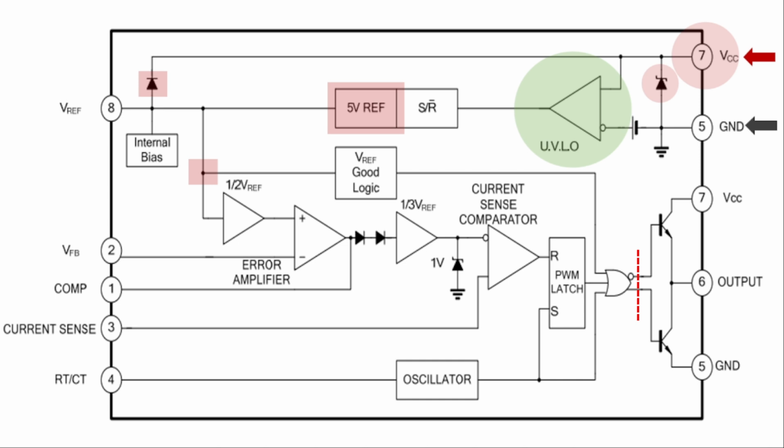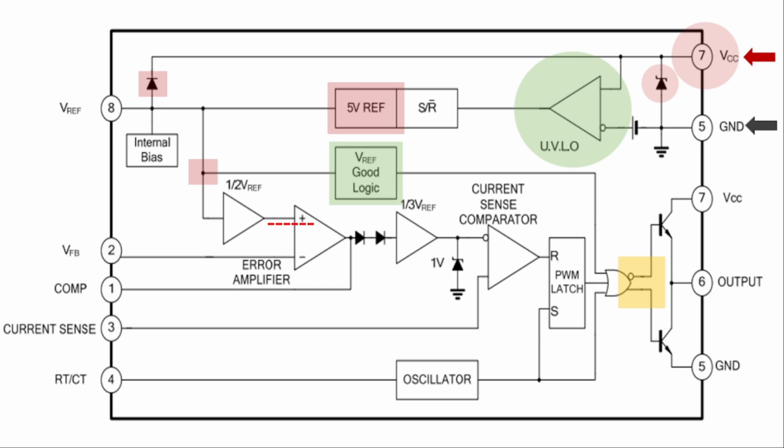And this output is the PWM that goes to the gate of the MOSFET. It turns off. Here you see that the voltage reference is converted to 2.5 volts. The buffer is used because its input impedance is very high and the output impedance is low. Due to this, our reference voltage of 5 volts is not disturbed at all.